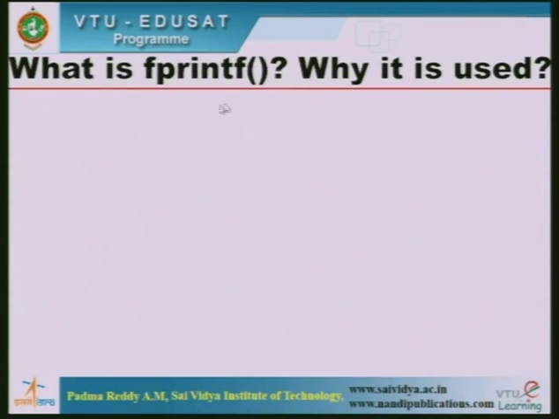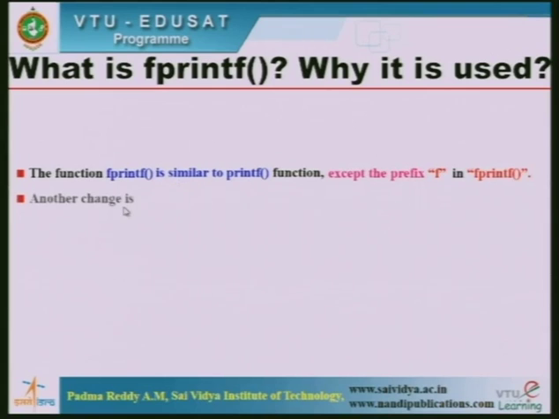Okay, now let us see what is fprintf. Can you tell me what is fprintf? fprintf is a function which is similar to the printf function, but the only thing is we are prefixing with f. And if you observe, another change is that the function fprintf, functionality wise and syntax wise, except for the first argument, the rest of the syntax remains the same.